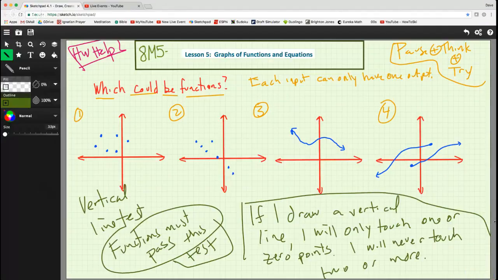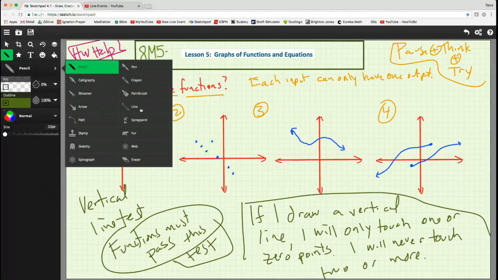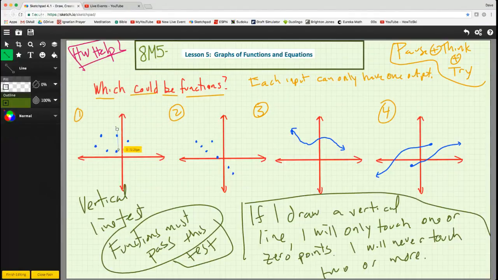So here, if I can draw a vertical line on number 1, I can draw a vertical line right here. Let me actually just use the line. Why not use a line, Mr. Lipscomb? So I can draw a vertical line and I can hit 2 points. So this is not. Here, there's nowhere I can draw a vertical line and hit 2 points. Here, there's nowhere I can draw a vertical line and hit 2 points.